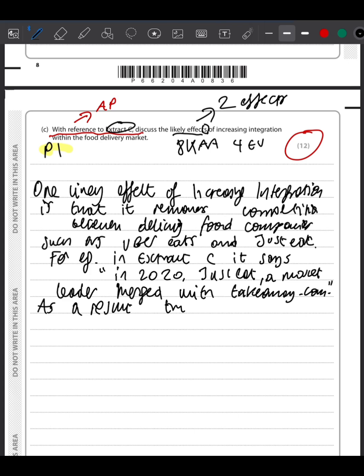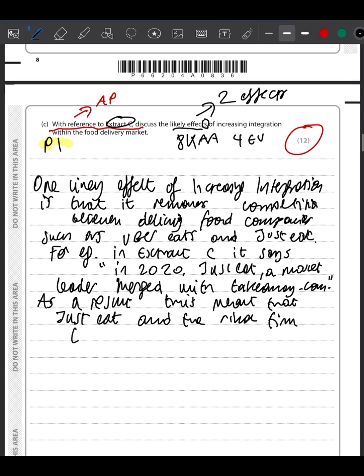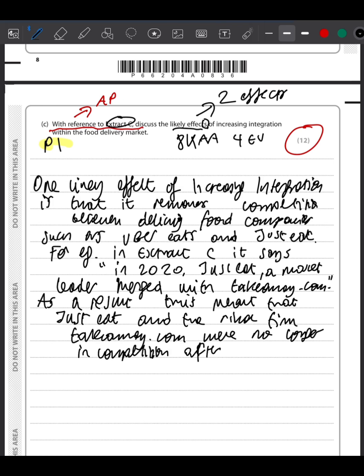So we can write, as a result, this meant that Just Eat and the rival firm Takeaway.com were no longer in competition after the integration in 2020.